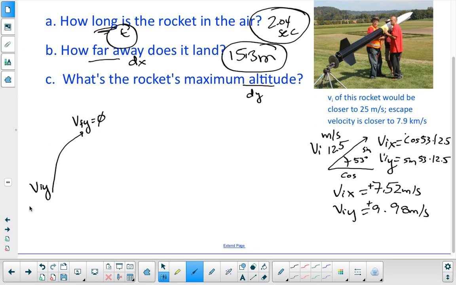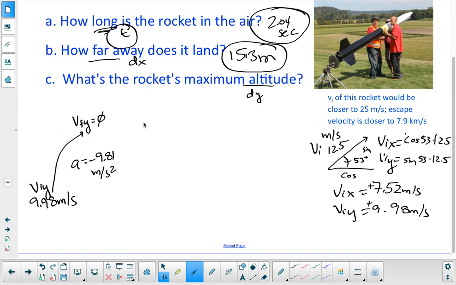My Viy is 9.98 meters per second. Again, it's going upwards. And then I know my acceleration is negative 9.81 meters per second squared. Again, the negative sign here is going to be really critical. And now I do know what time is for this. Because if I'm trying to find maximum altitude, I'm trying to find dy, and I think most of those equations have time in them.